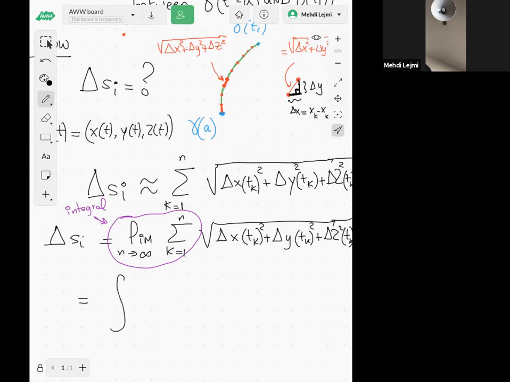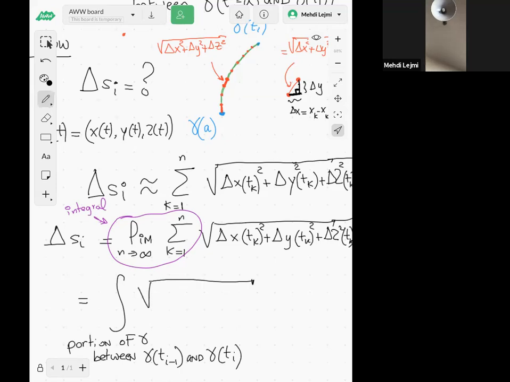That will be the integral over your portion, the portion of gamma between gamma of t i minus 1 and gamma of t i. And you have the square root.